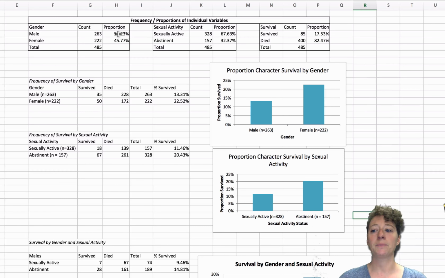write-up were created. So the first thing that we want to talk about is summarizing the proportion of each variable's level. So looking at gender, how many males, how many females, and then transforming that into a proportion. For sexual activity, how many were sexually active, how many were abstinent, and for our outcome variable, how many survived and how many died.